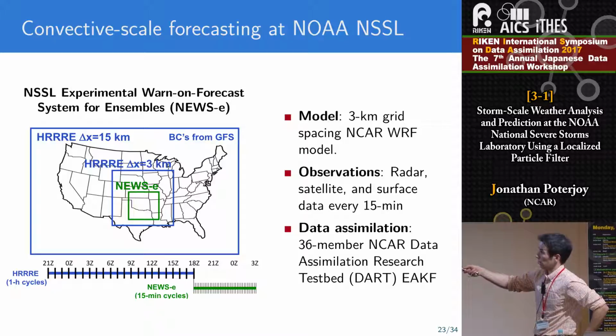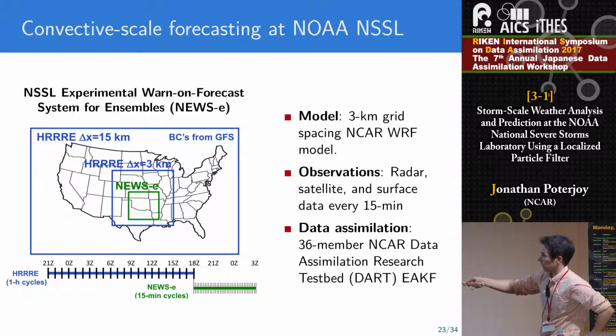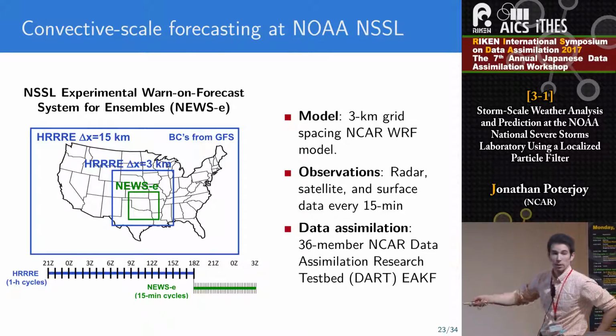It has two domains, one that has a 15-kilometer grid spacing, one that has a 3-kilometer grid spacing. This NEWSe ensemble starts from initial conditions from this cycling HRRR system, which is cycled every 1 hour. It starts from here and then takes boundary conditions in from this 3-kilometer domain and does 15-minute cycling.